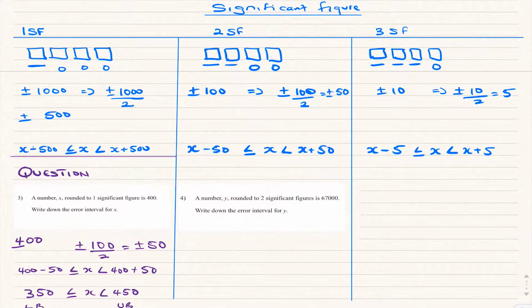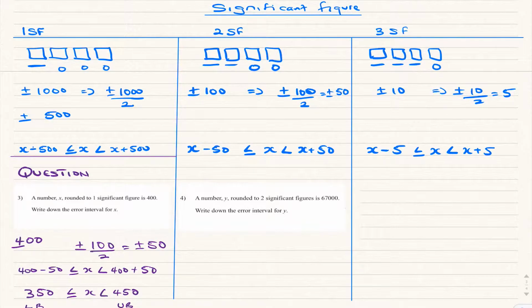Question number 4. A number y rounded to two significant figures is 67000. Write down the error interval for y. There are 5 figures here. So the first two are the two significant figures. We're left with 3 figures, and those will become 1000 because there are 3 zeros now.